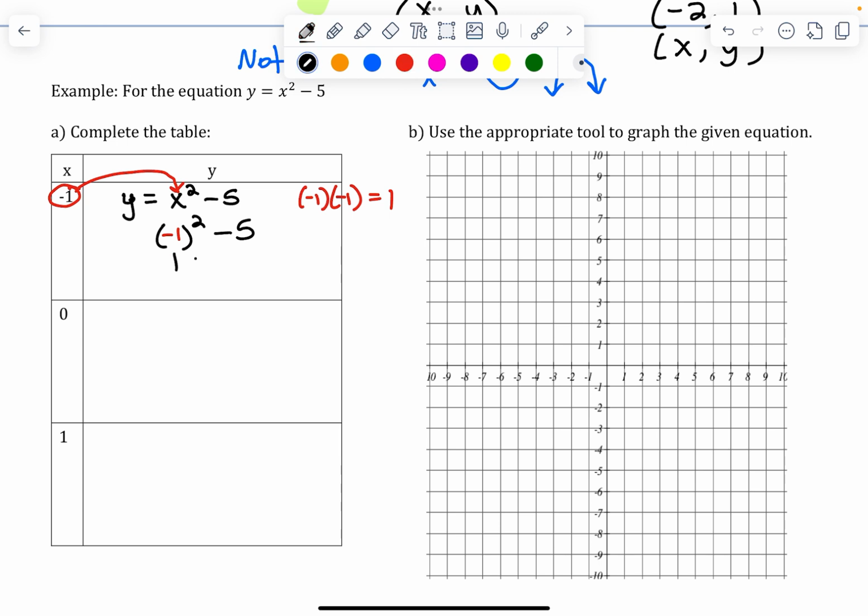So we end up with 1 minus 5, which is -4. That gives us our first point, (-1, -4). So we're going to go to -1 on the x and then down -1, -2, -3, -4 on the y.